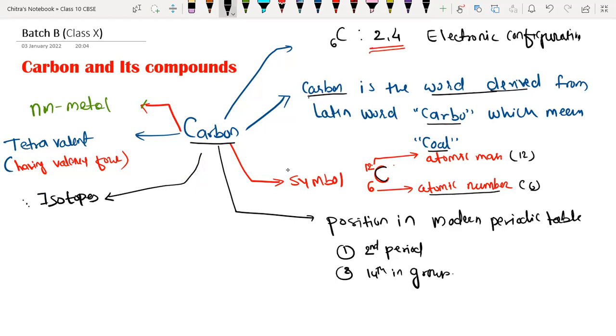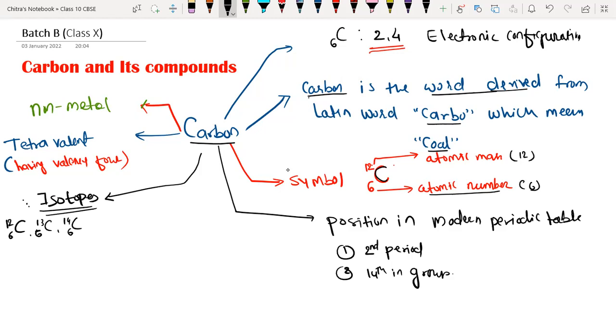Carbon has atomic number 6 and atomic mass 12. Then carbon with atomic number 6 but atomic mass 13. And carbon with atomic number 6 and atomic mass 14. So carbon-12, carbon-13 and carbon-14 are the 3 isotopes of carbon.